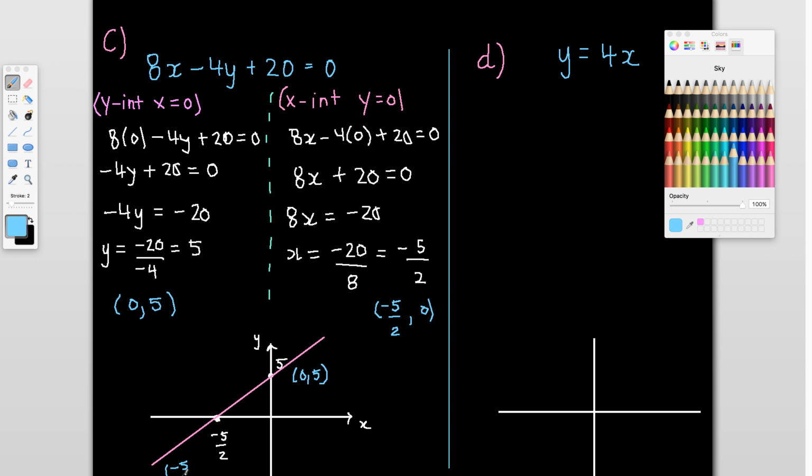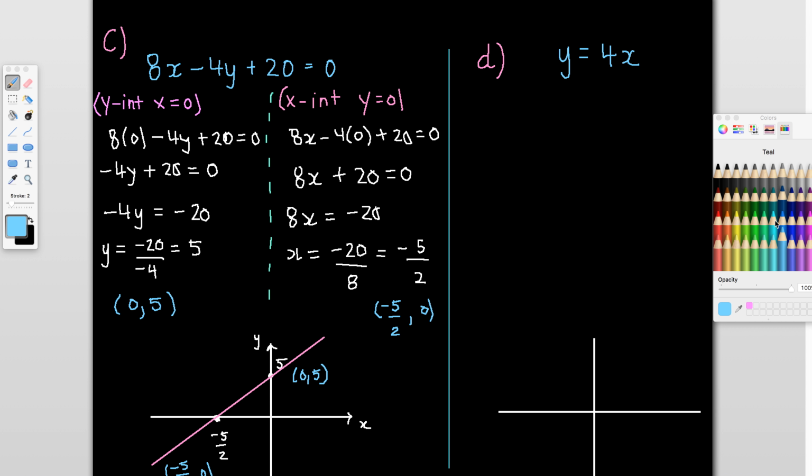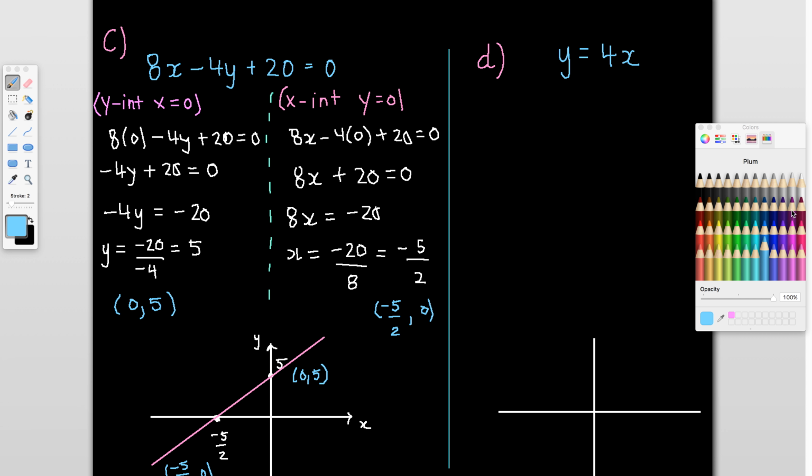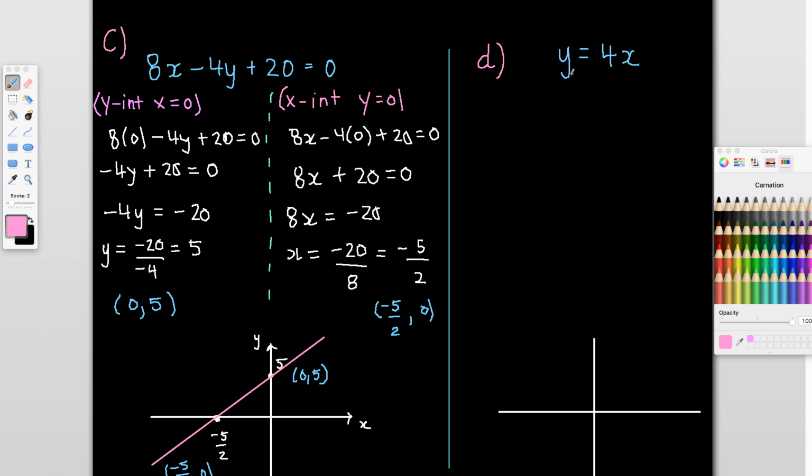Okay, now, if you have a look at the next one, you'll see it does look a little bit different to the ones I've been doing, only because you'll recognize it is in the form y equals mx, but because there's no b value, there's no constant term at the end there, what this means is our b value, our intercept, must be equal to 0.